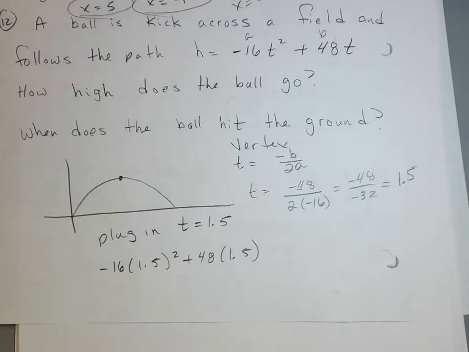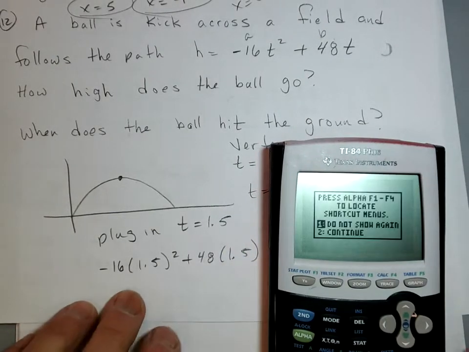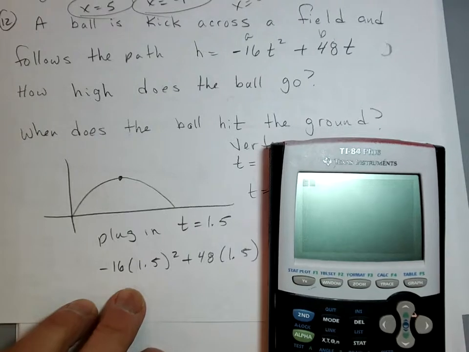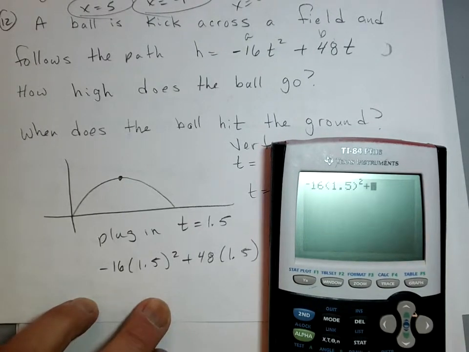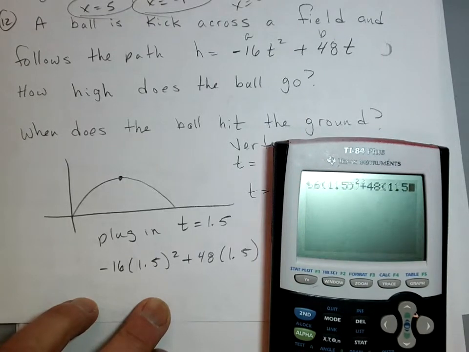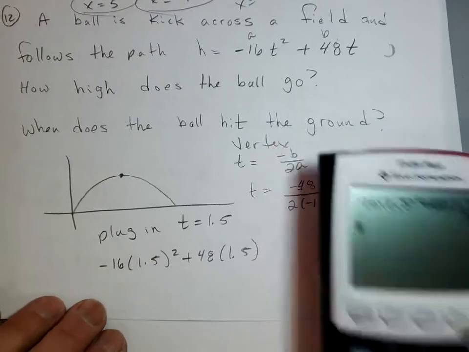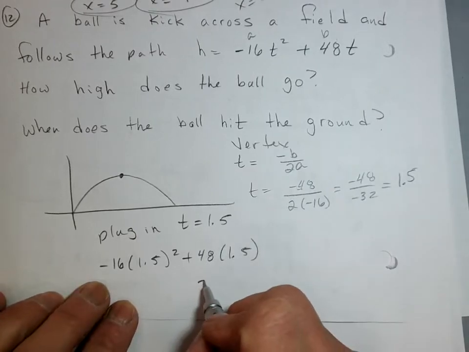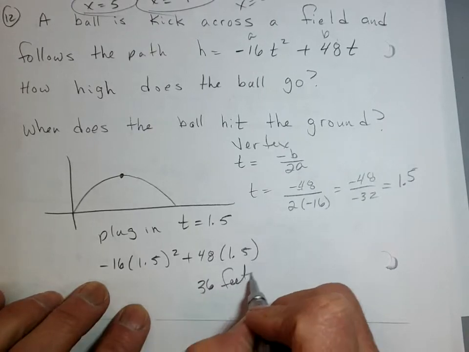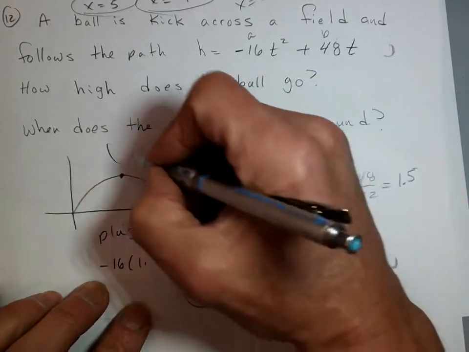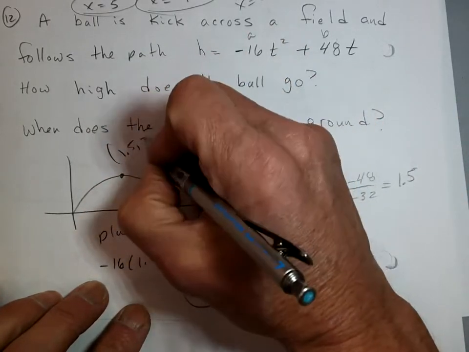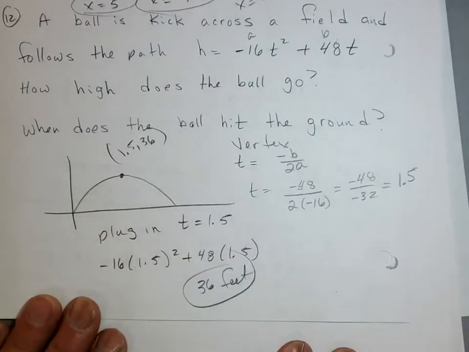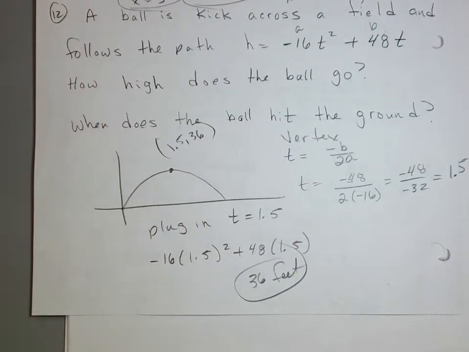I'm going to go negative 16 times parentheses 1.5 squared plus 48 times 1.5, and we get an answer of about 36. That's the height. So I'm going to circle that. That's my vertex, (1.5, 36).